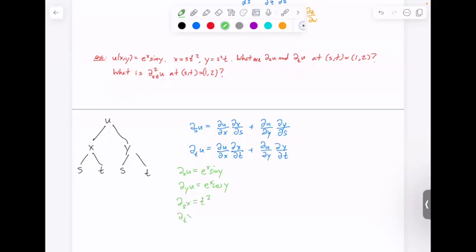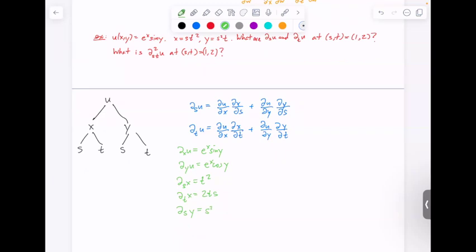Partial T of X is equal to 2TS. Partial T of Y is equal to S squared. Sorry, I screwed this one up. Partial S of Y is 2ST.